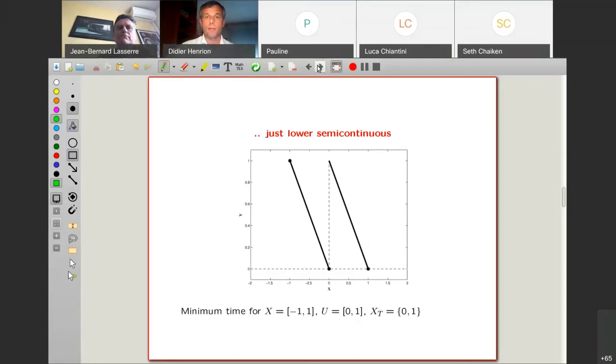So it's rather irregular. It's actually just a lower semi-continuous function in general.